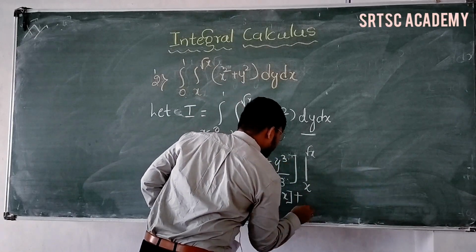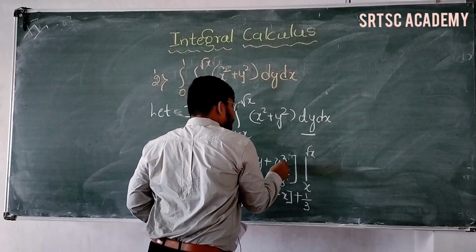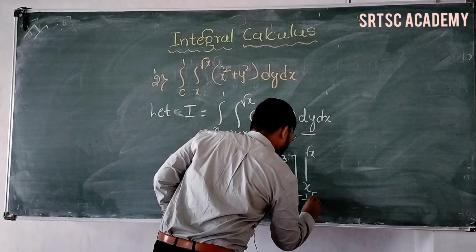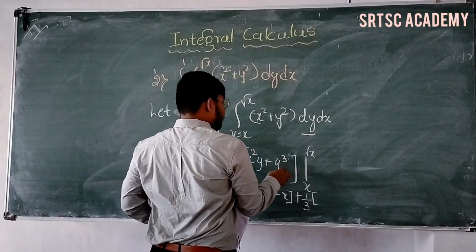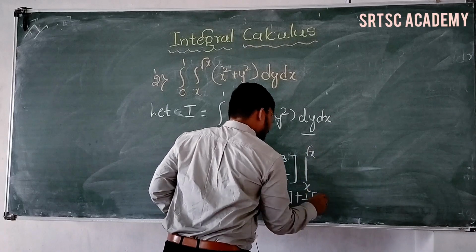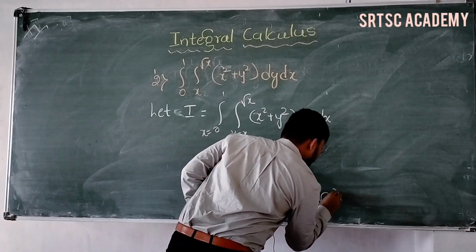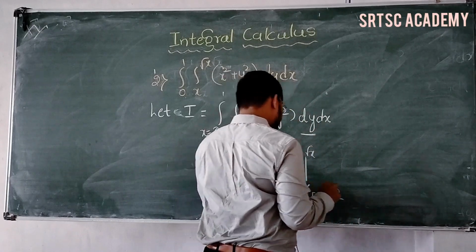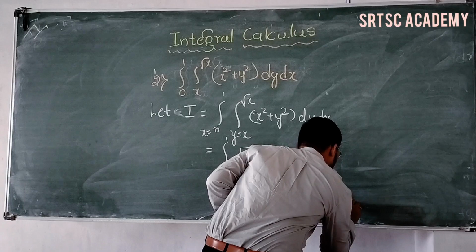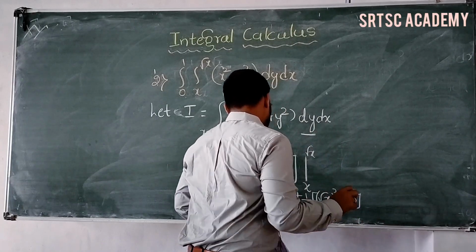Here 1 by 3 is common because the coefficient of y cube is 1 by 3, right? So y cube, replace the y by root x, upper limit root x whole cube minus lower limit. Lower limit is what? X to the power 3. Okay, applied. We have to simplify it.